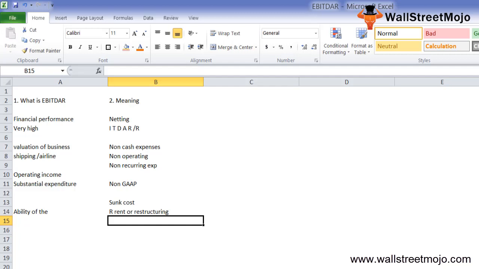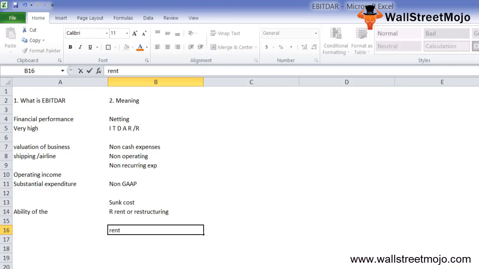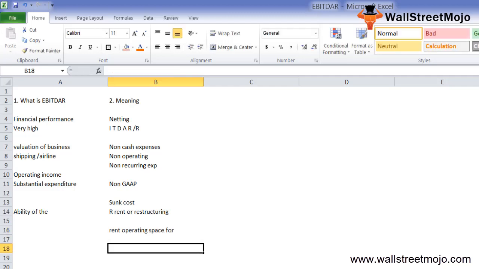Now, in industries like hospitals, airlines, shipping, wholesale trade, the rent cost is very significant and many companies need to spend a lot of their money in the form of just rent, just to occupy the operating space for conducting their business at a desired location.